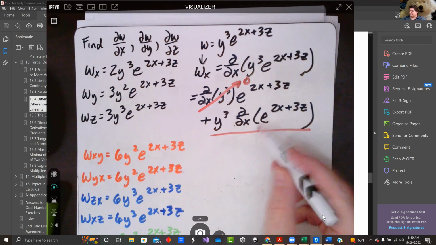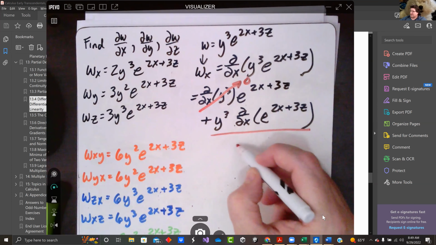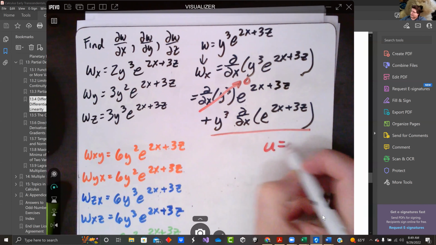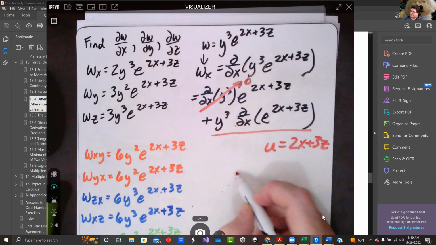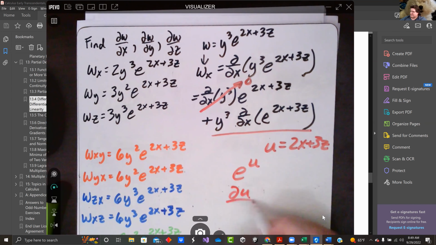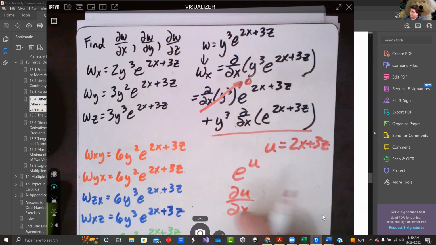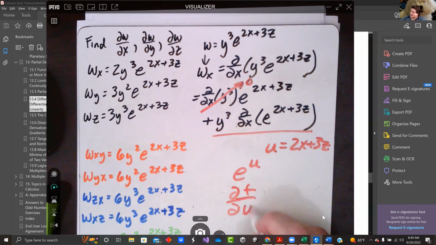And the derivative of that, if we do a u sub, with u equals 2x plus 3z, this becomes e to the u, and we need to do du/dx. You could do the same thing with just regular coefficients, df/du times du/dx. That's the chain rule.